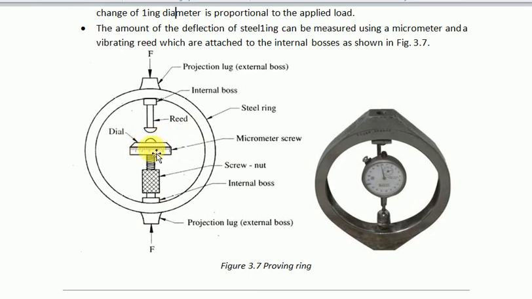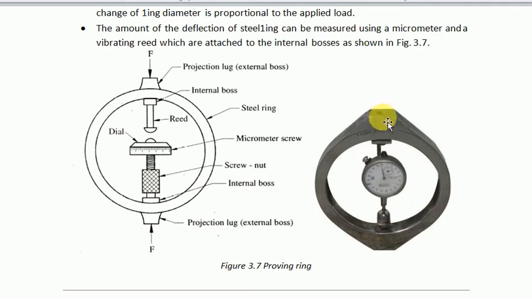Now here a dial gauge is placed, and the screw and nut are placed. You can see here initially the zero is set, and the force which we need to measure is applied at this point.